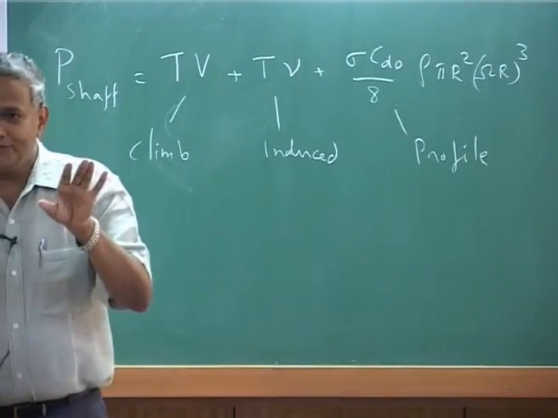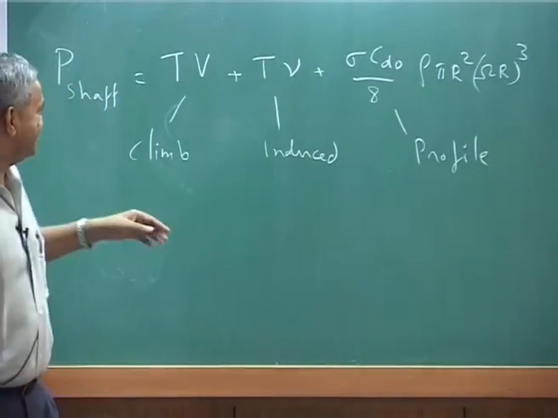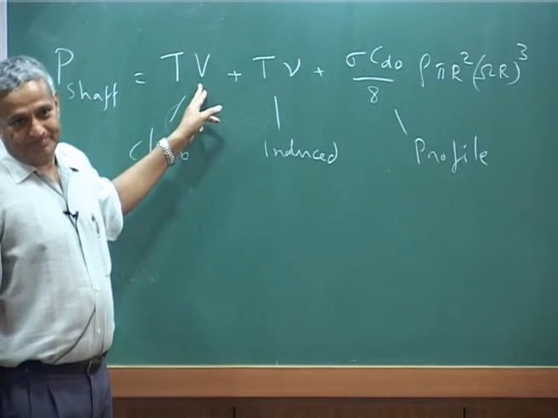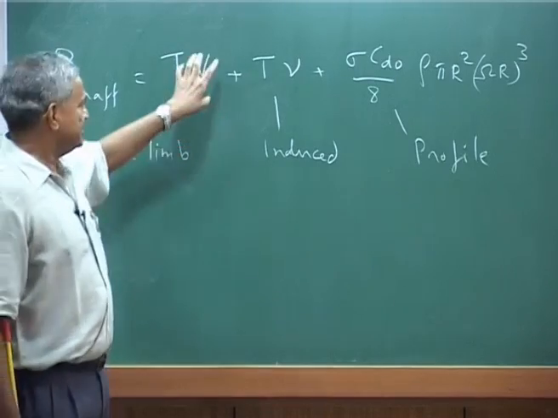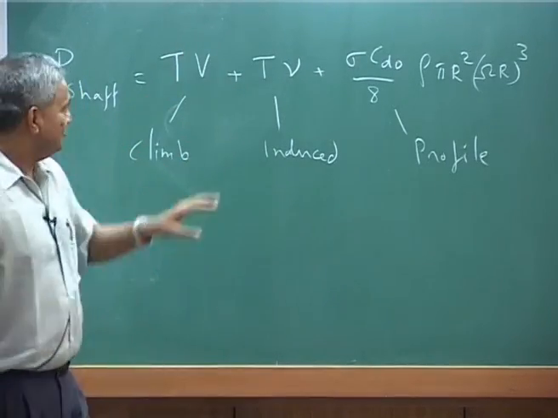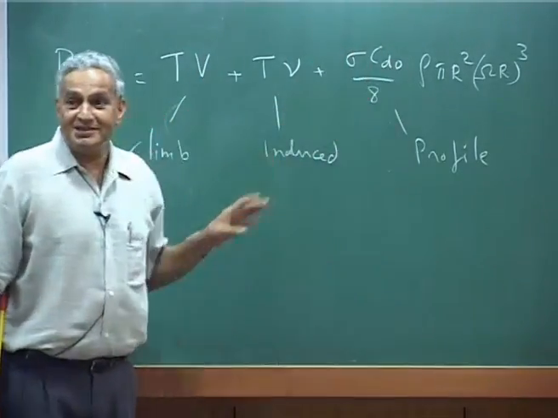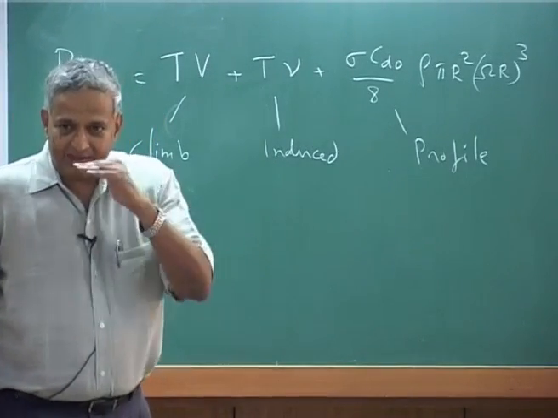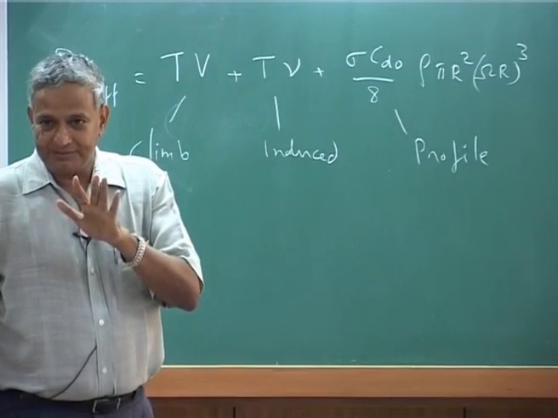They will be 0 at a particular descent velocity, because descent means V is negative. V is negative means this quantity can be made equal to 0, and that condition is called auto rotation.